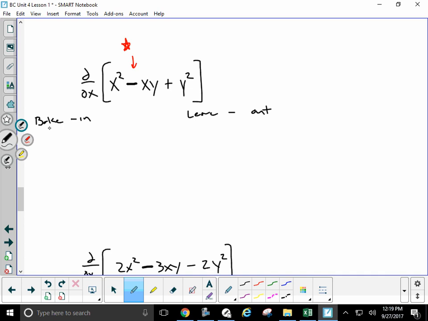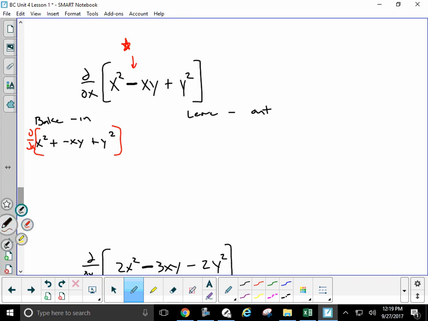What do I mean by bake the minus in? I mean rewrite this so that it's x squared plus a negative xy plus y squared. Now, taking the derivative of this, we can see that negative sign would be baked into the x times the y when I'm using the product rule.